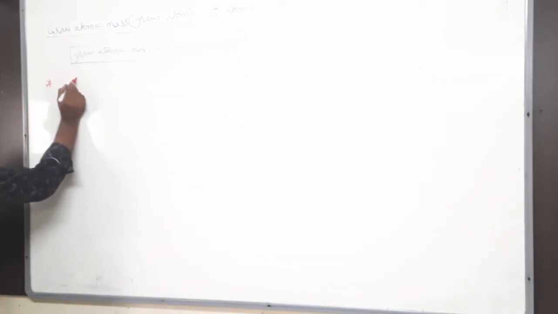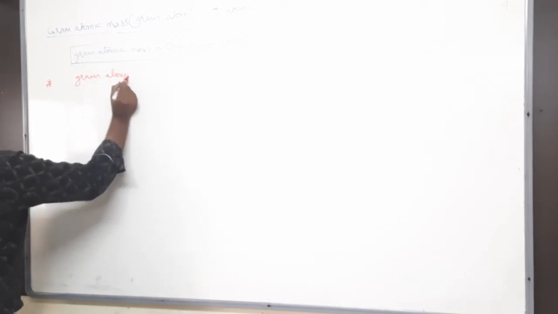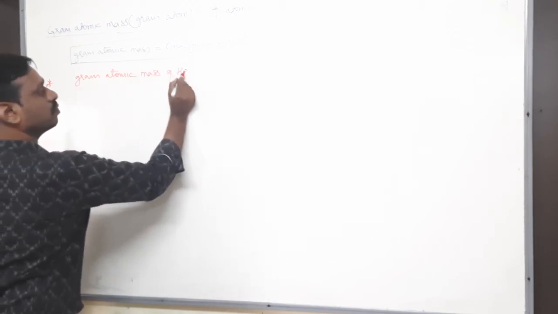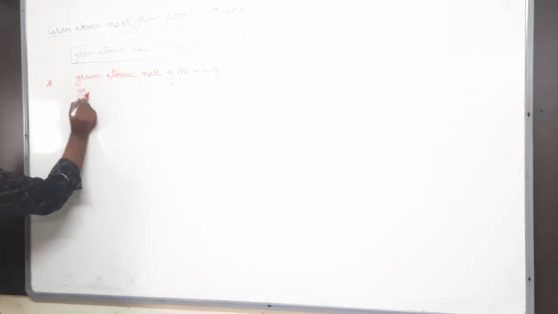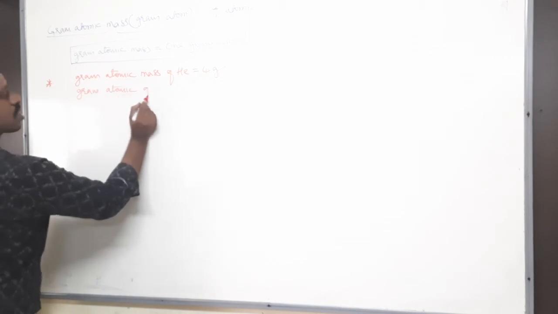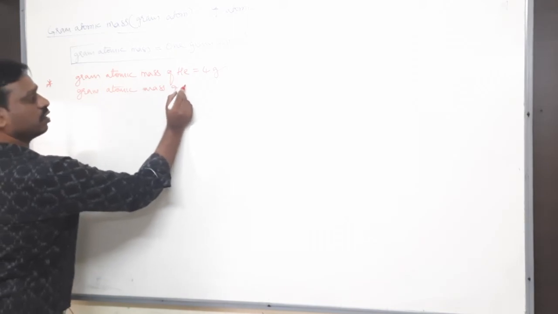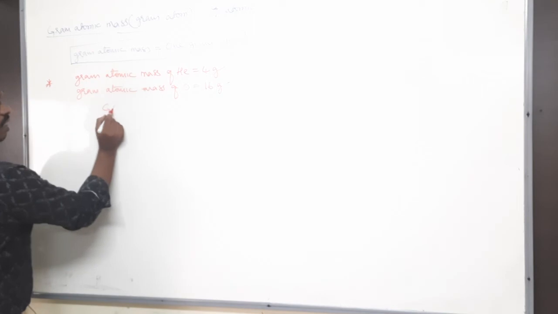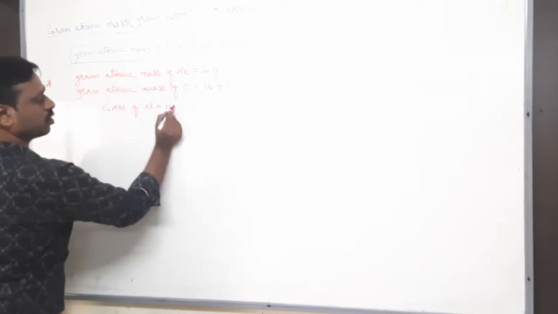The gram atomic mass of helium is 4 grams, of oxygen 16 grams, of nitrogen 14 grams.